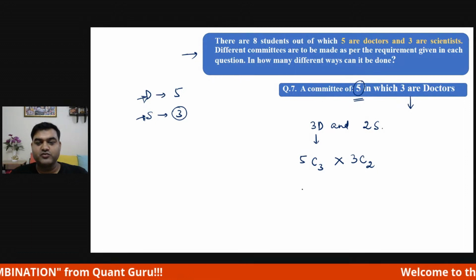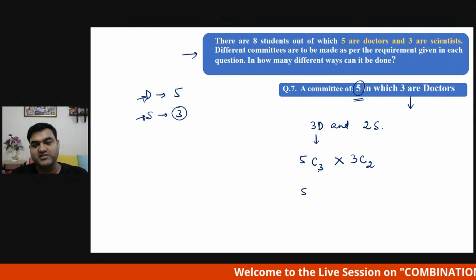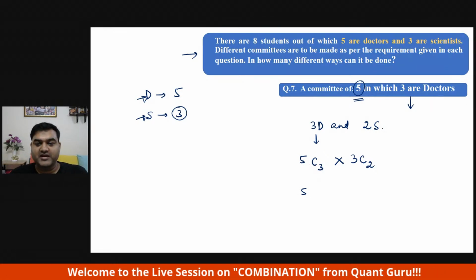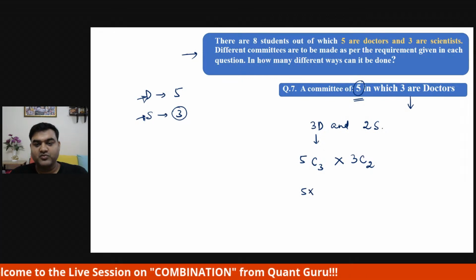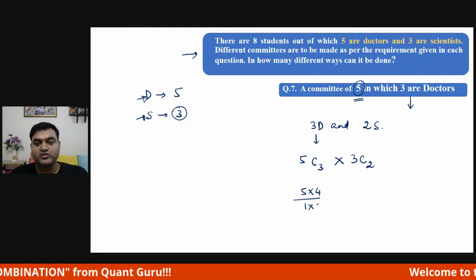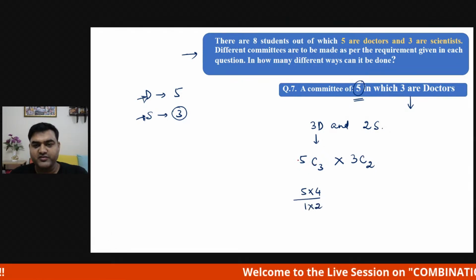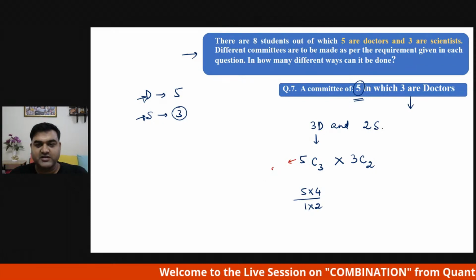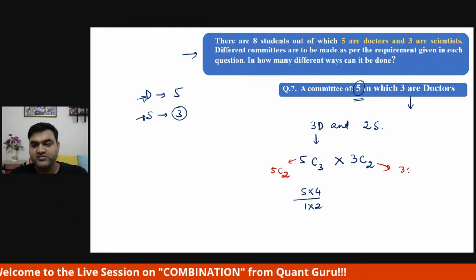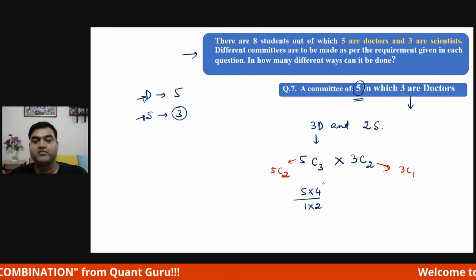Then we can reduce this. 5C3 can be written as 5C2, since 5 minus 3 is 2. And 3C2 can be written as 3C1, because 3 minus 2 is 1.